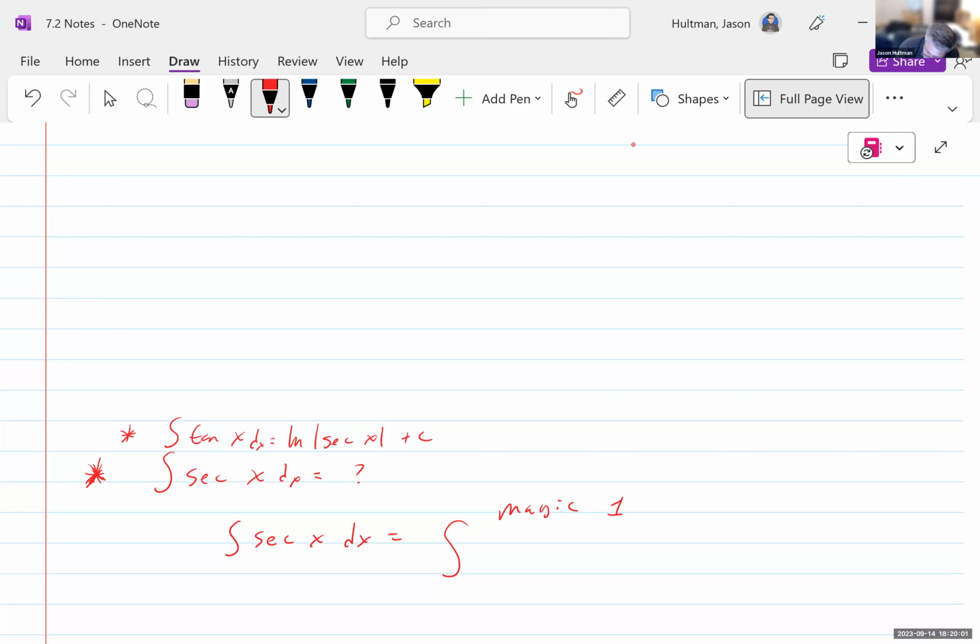Hundreds of hours we don't have in our daily lives right now. But what they discovered was if I multiply by my magic 1 here, I can then integrate. And what's my magic 1? The magic 1 is secant x plus tangent x on top and bottom.